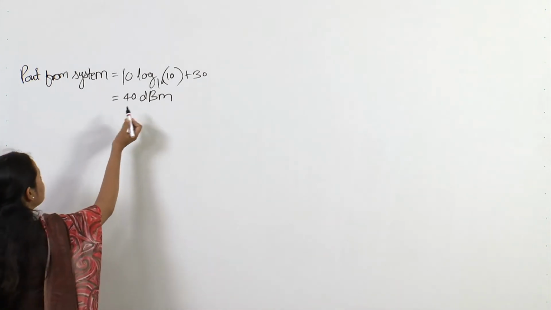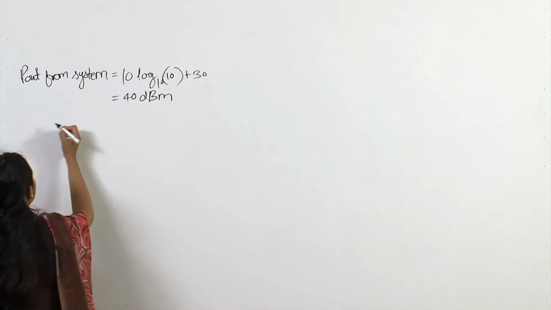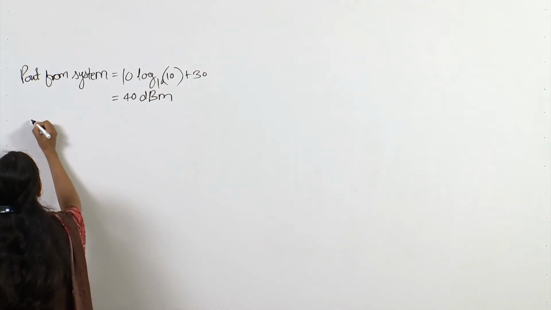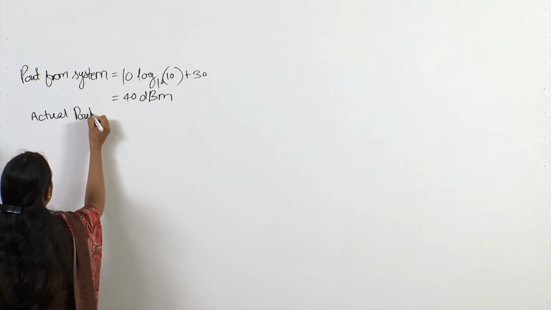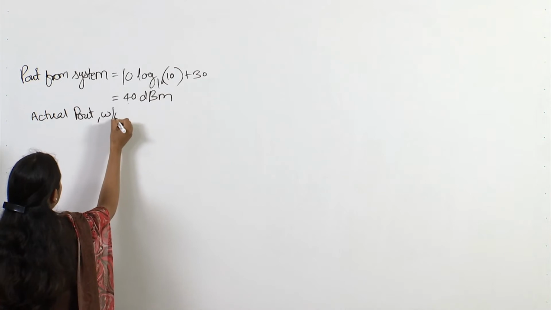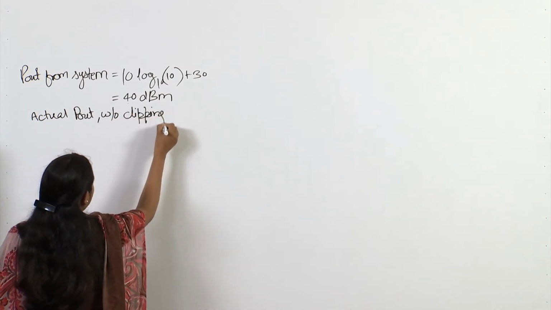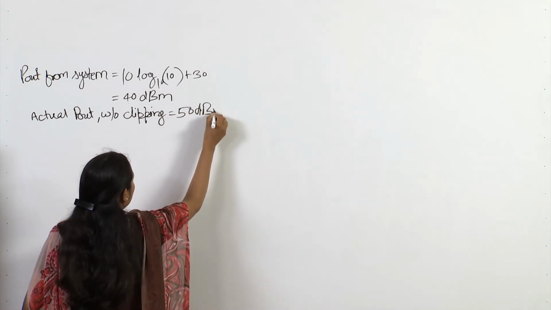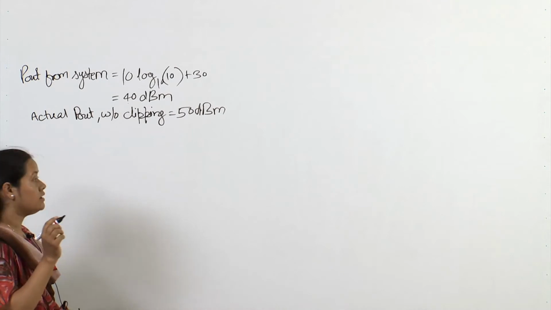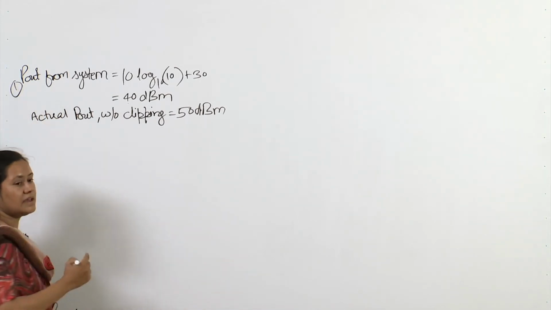So, if this is the average power, then to allow for the peak of 10 dB, the actual P out without clipping would be 50 dBm. So, this is the output power requirement. So, first requirement is this.